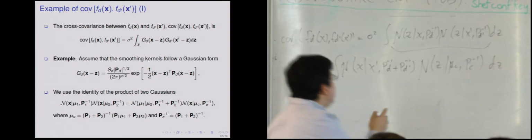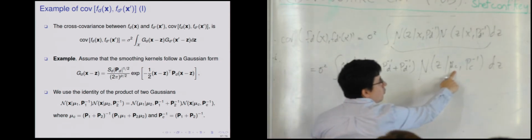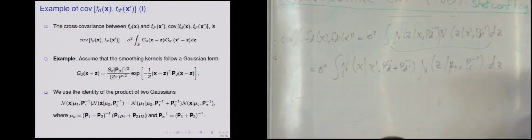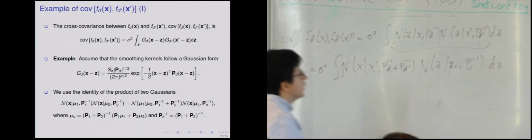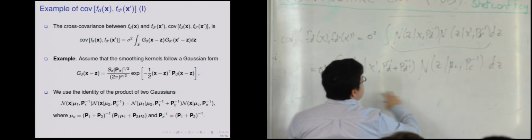If we look at the mean mu c, this mean is built in this way, as you see here. So mu1 is x and mu2 is x prime. Yeah? What can we observe here?